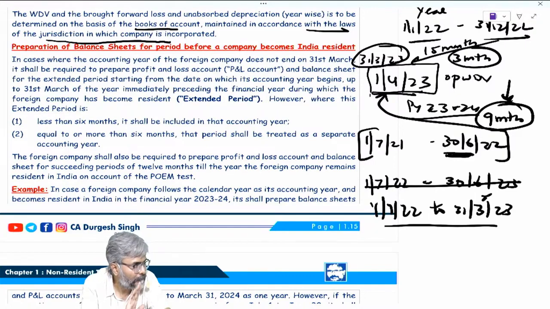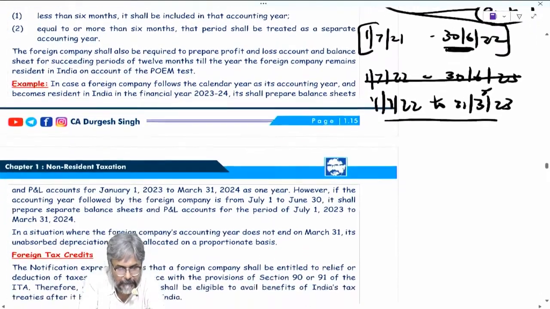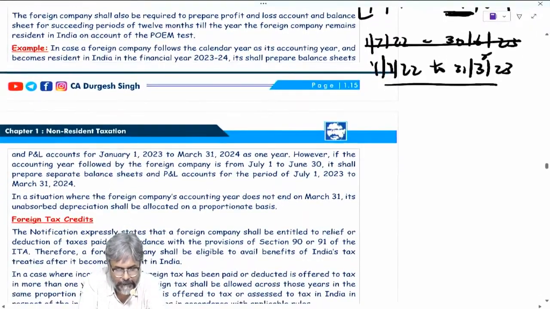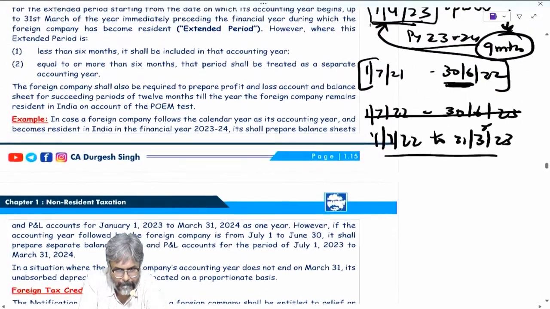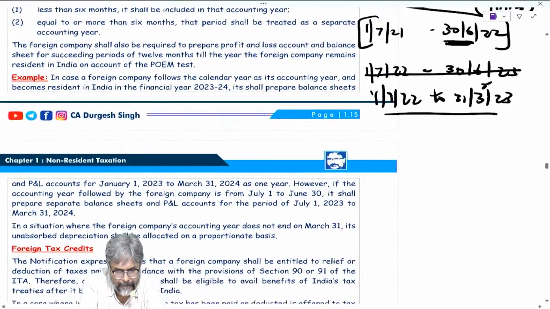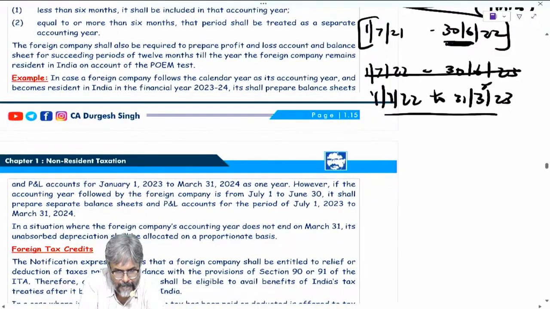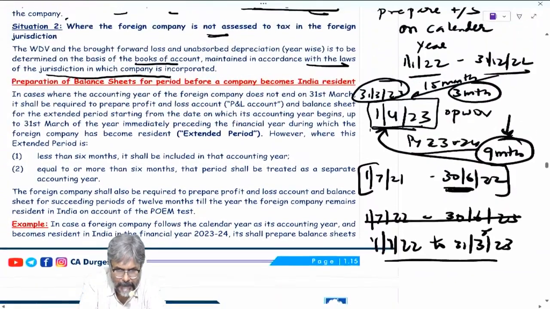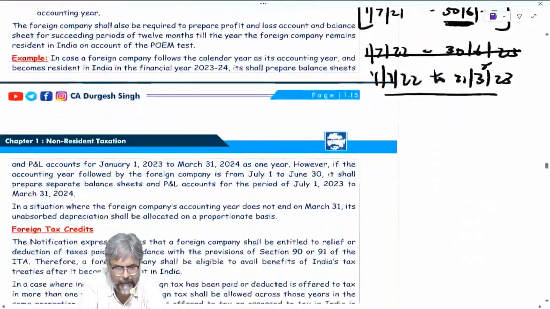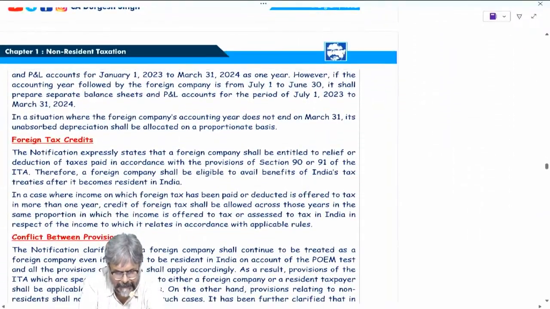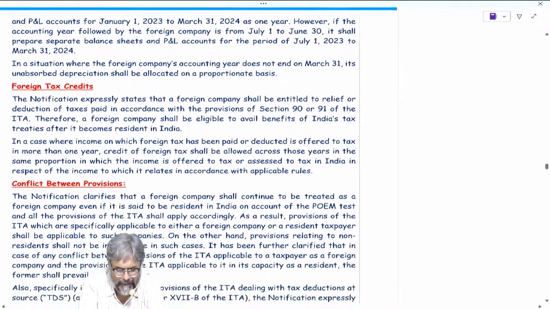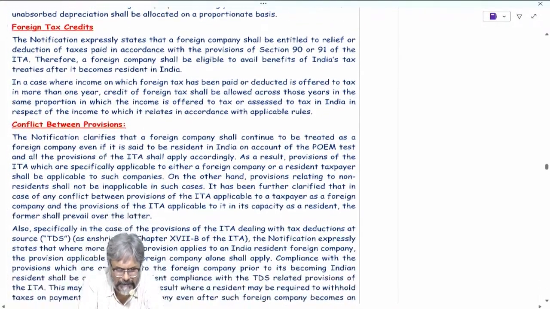Now students, the next point. So preparation of balance sheet, we have discussed that part. Foreign tax credit, right now you will not discuss this, we will discuss it later on.